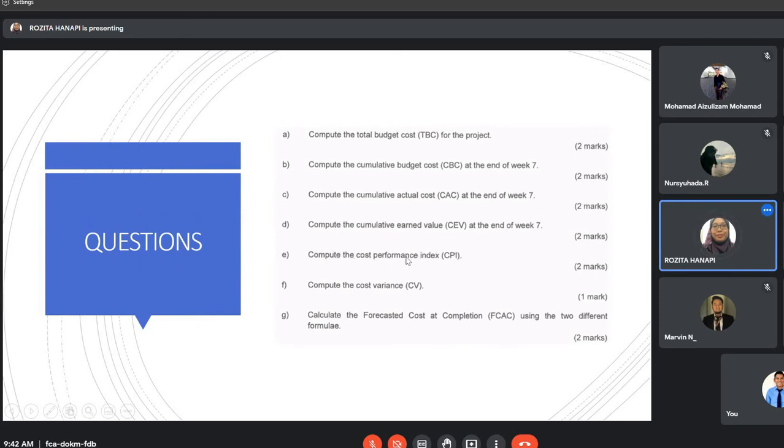or calculate the CPI, the cost variance, the forecasted cost at completion. Okay, so for E, compute the cost performance index. How do you compute the cost performance index just now? Okay, to calculate the CPI, you need to divide CEV with CAC.